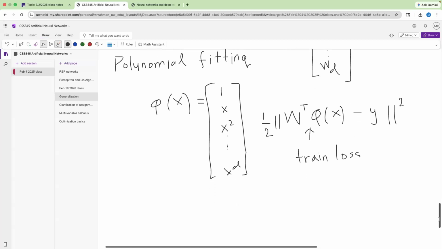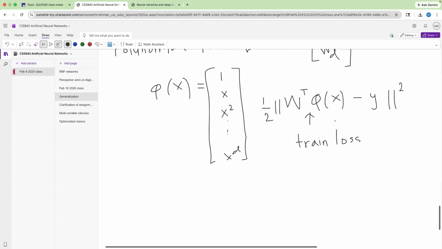This is how you are fitting your data to a high degree polynomial. And if you want a wiggly curve like this that runs through all your training data points, you might have a simple data generating process, but you're fitting to the noise.